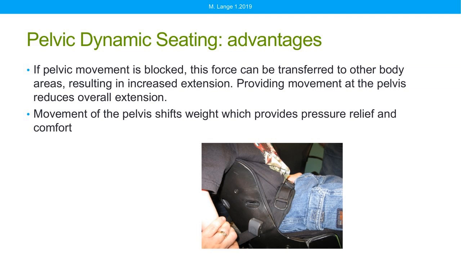So there's generalized extension throughout the body, even if it starts at the hips. It could be at the knees, the ankles, the neck, wherever we see that extension overflowing from the hips. By providing movement at the hips instead of blocking this movement, we can often reduce that overall extension because we're diffusing that instead of allowing it to transfer to other areas of the body.